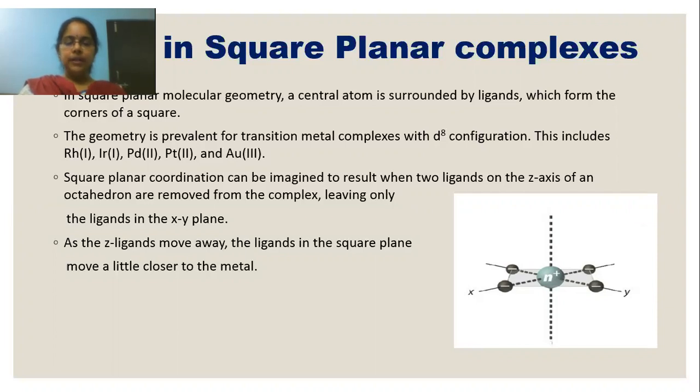As a result, the d orbitals of the metal atom that contain the XY plane are repelled more by the ligand fields than the d orbitals of the metal that contain the Z plane. As the ligands in the XY plane move closer, the d orbitals that possess the XY plane are repelled more by the ligand field.